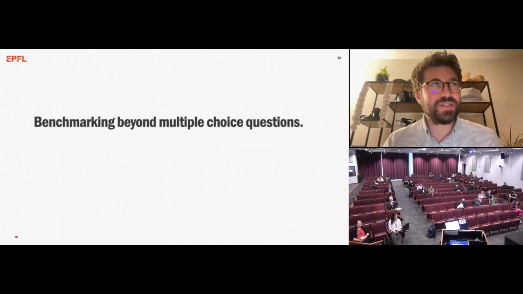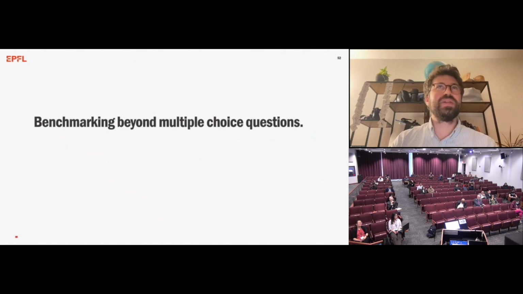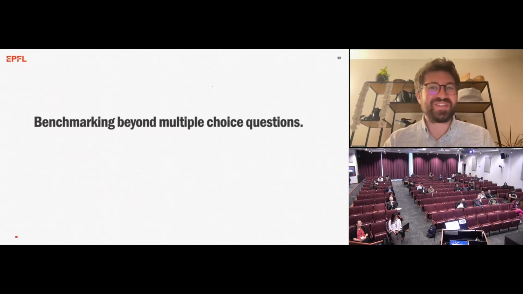But the question is always, is multiple choice really correlating with what we are actually interested in getting from those large language models? So is a large language model that is good at answering those questions, which is often like learning some facts by heart, really also good at solving problems we actually care about?